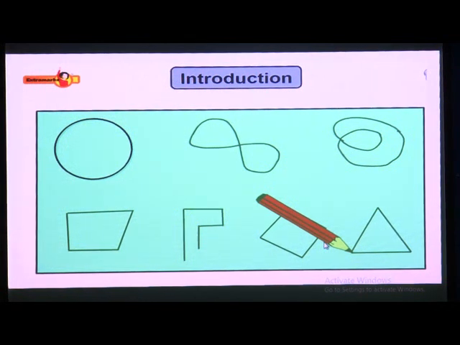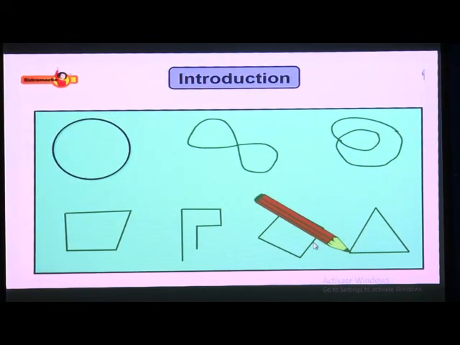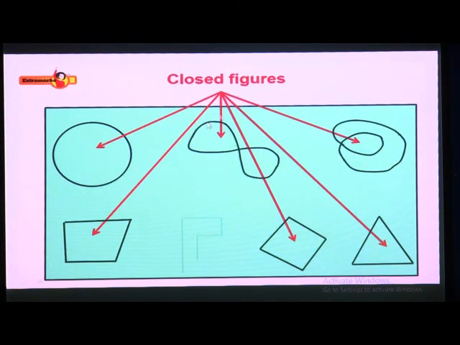We look into this now. You can see here it is a curve. Some are drawn with the help of line segments and some are simply drawn with the help of a pencil.